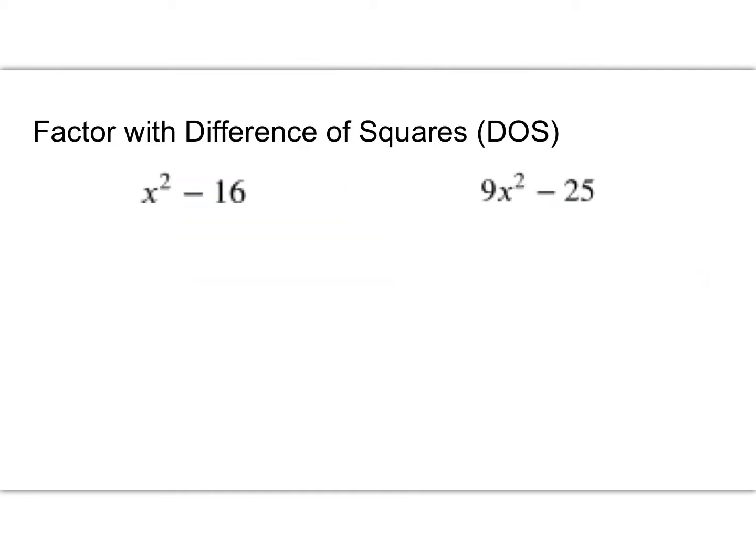All right, next one, difference of squares. Now when we do difference of squares, that means that the first piece is a perfect square, the last piece is a perfect square, and we have a minus in between the two pieces.